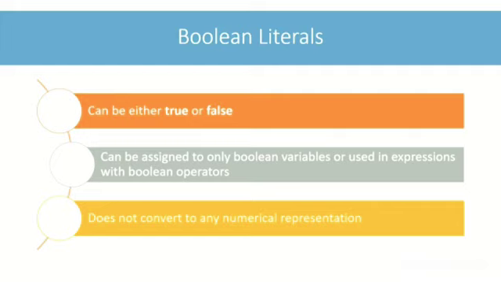For those of you coming from a C++ background, please note that in Java, the Boolean literals true and false do not convert to any numerical representation. This is different from C++. In Java, false is not equal to 0 and true literal does not have any numeric value other than 0. They are purely Boolean literals, true and false.